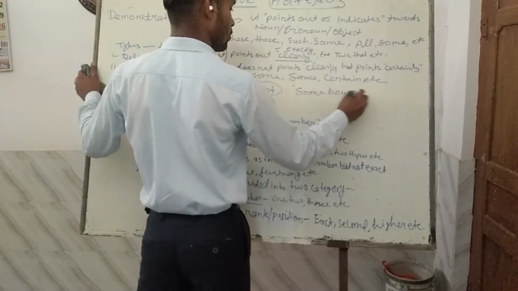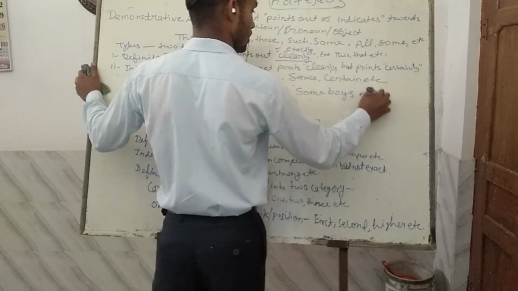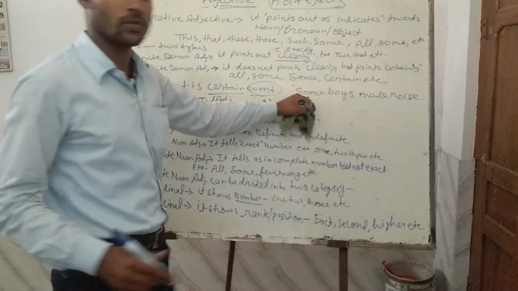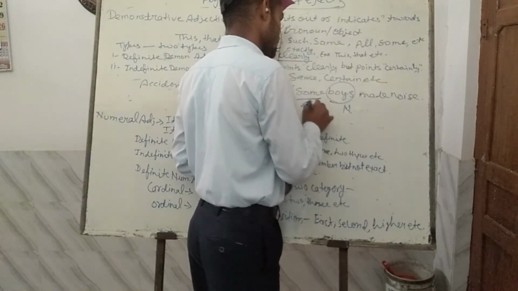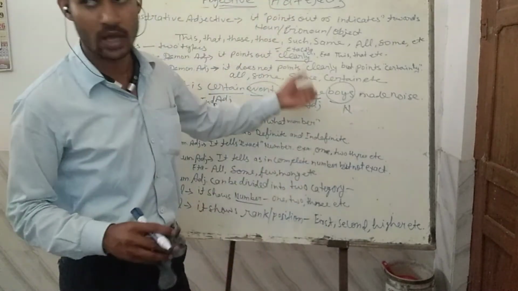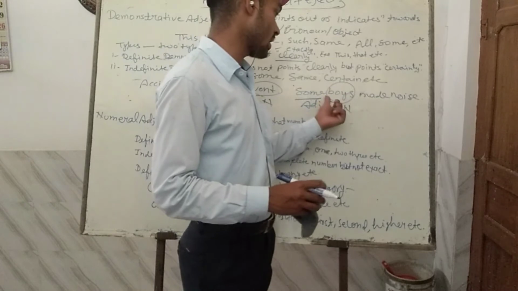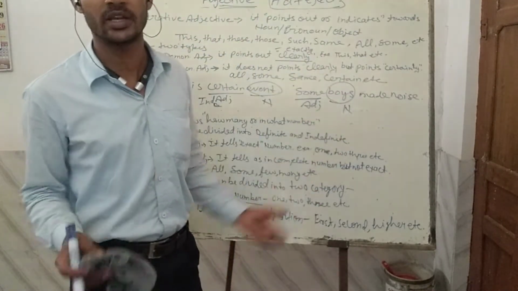In the same way, some boys made noise. कुछ लड़के जो है शोर मचाए. Here boys is noun and some is the adjective. Some can also be used as a pronoun, indefinite pronoun. Here some is an adjective of boys. कुछ boys, सारे नहीं लेकिन कुछ boys. Certain है but not clearly how many in number.